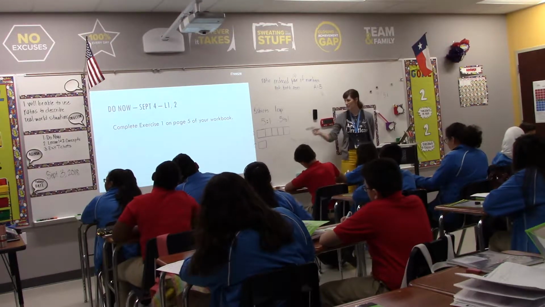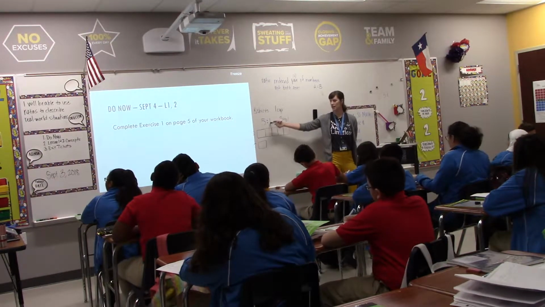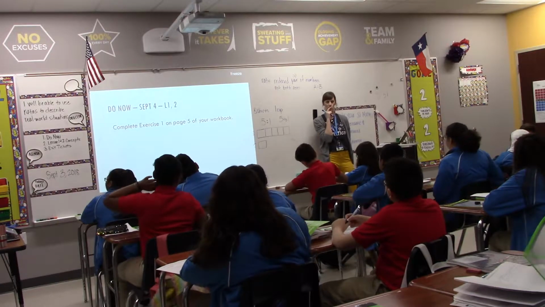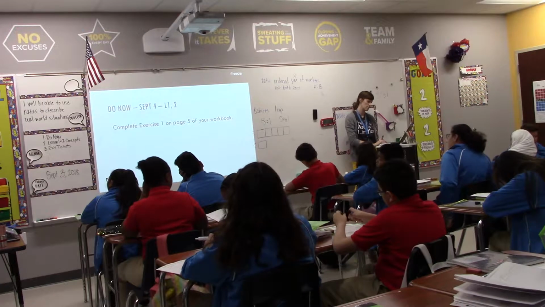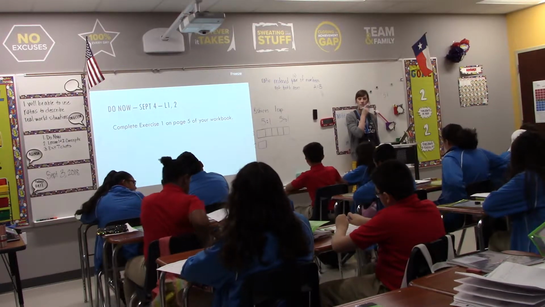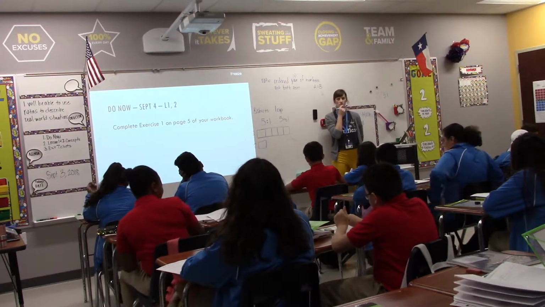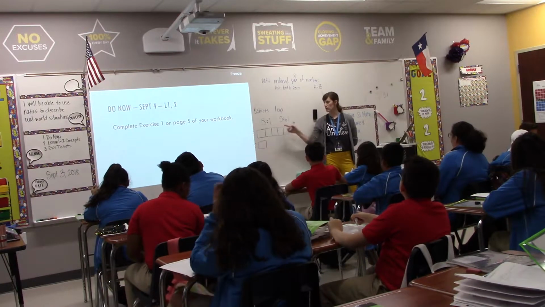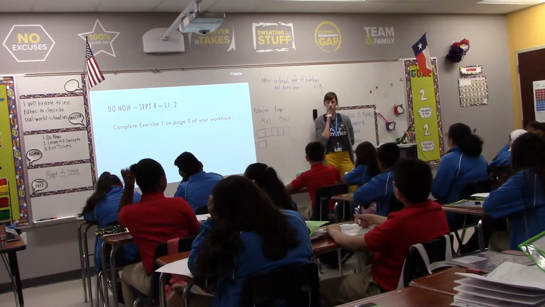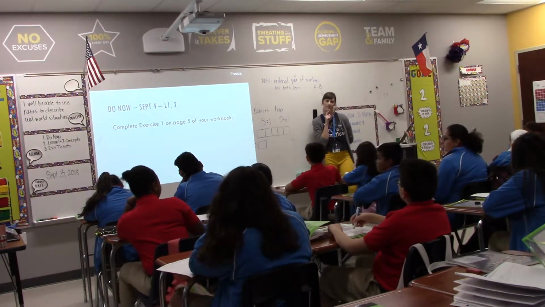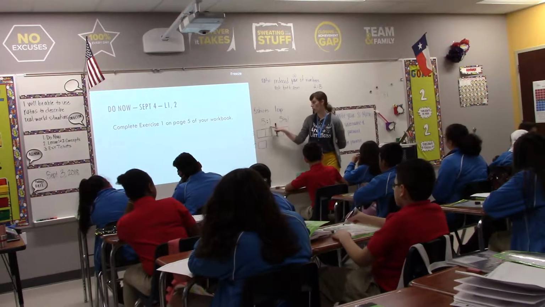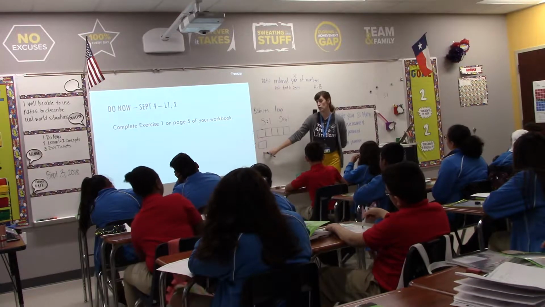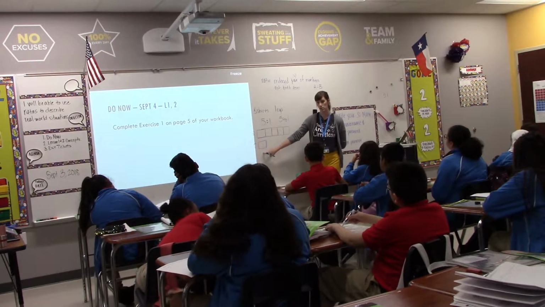Tell me why this model represents our ratio. Think about it for a moment. How does this show us what this says? Go ahead, Royalty. Because there's one cap, and I've drawn one unit for caps.